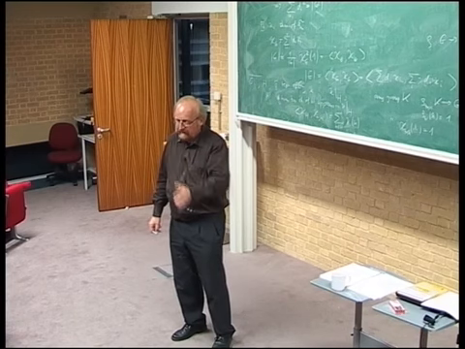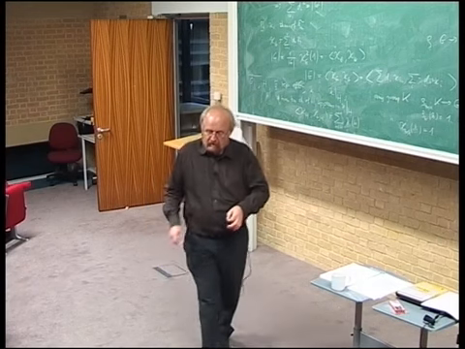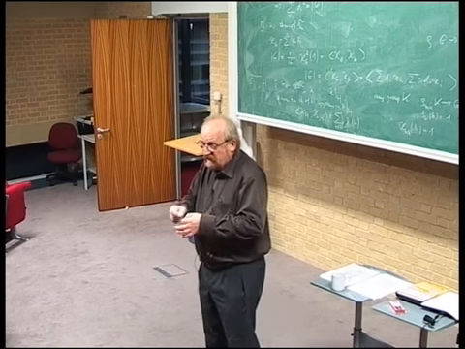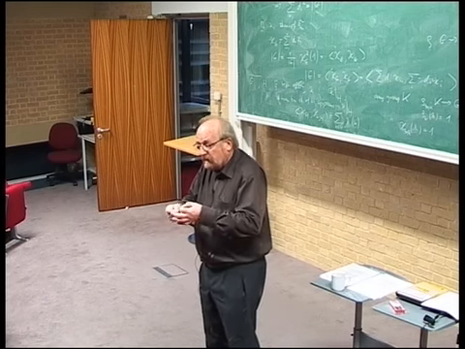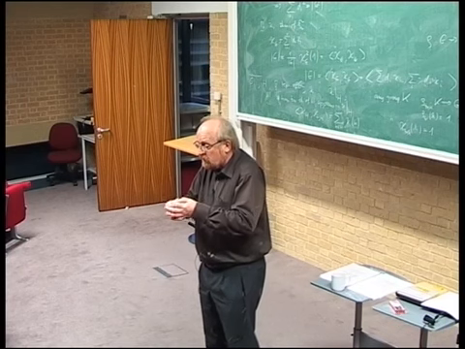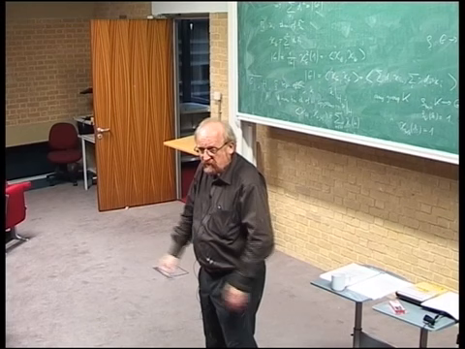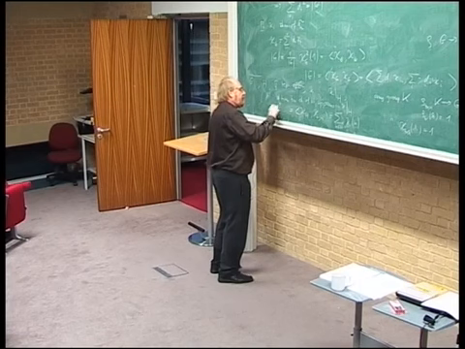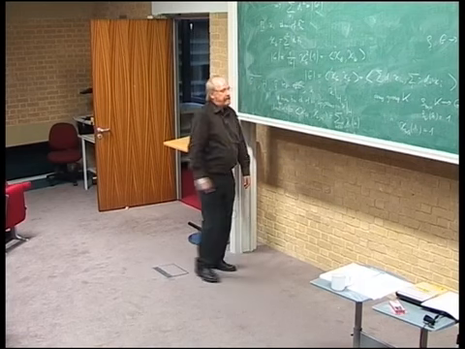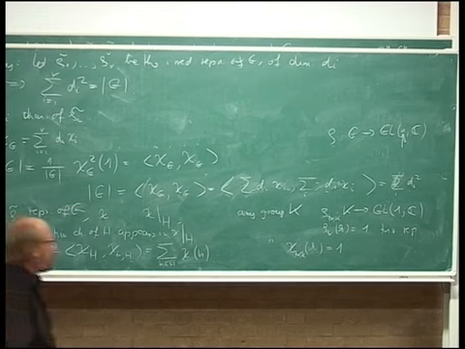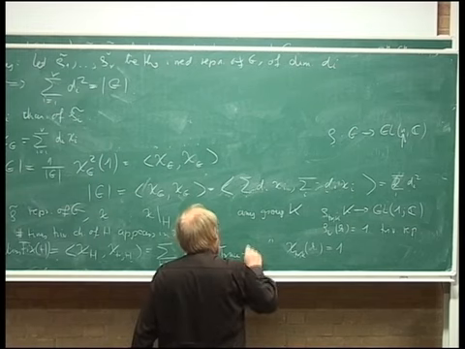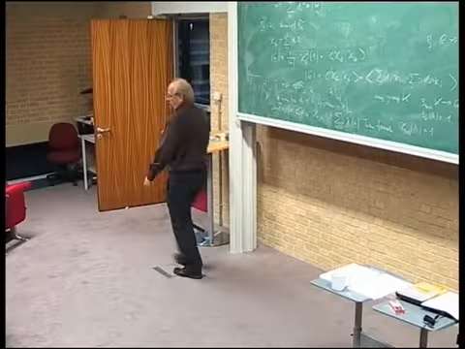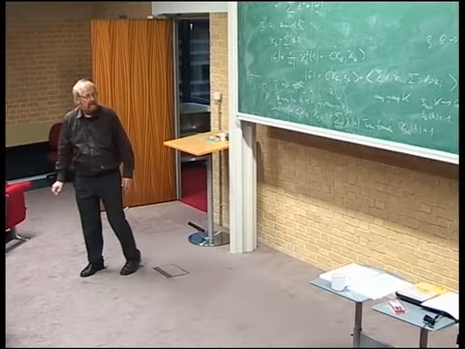If you have an element fixed by H, on the line spanned by this element H acts trivially, and so the number of independent trivial representations, so to speak, which I can get, is just the dimension of fixed H. So this is equal to the dimension of fixed H. And this is called the trace formula. It gives you a very easy way of computing fixed point dimensions of subgroups.